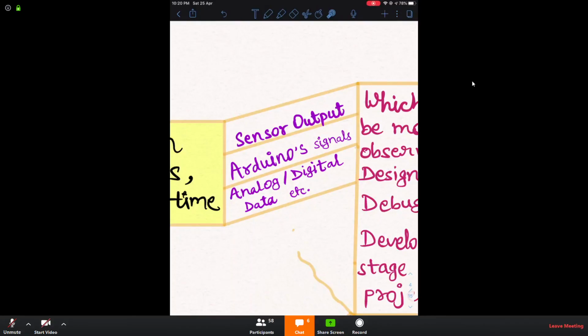For those who don't know what an object detector is, let me briefly tell you: it is just a sensor board which can detect an object. Suppose the object detector is placed somewhere and anything comes in front of it, then it is going to give you a signal.